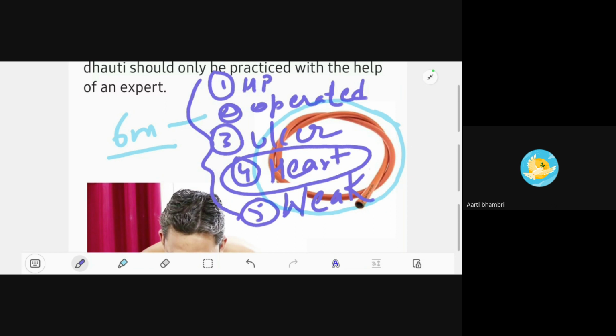Try to avoid those days. On the days when the person does not have those symptoms, or if you yourself are feeling it, try to do Dandadhoti on those days only, when you are not having those symptoms. This is what I'm trying to say.